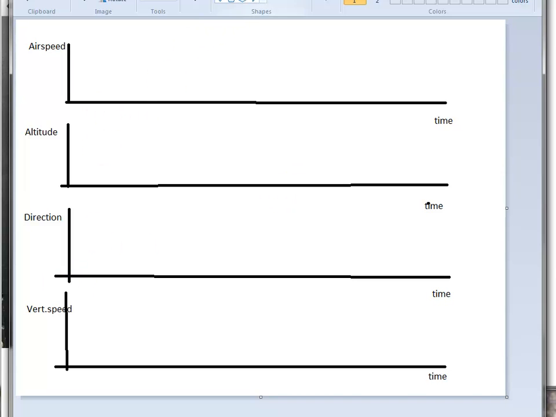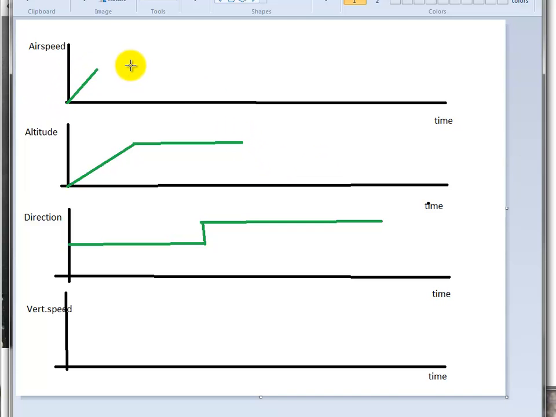And we'll be giving you some sort of basic flight criteria. For example, climbing to a certain altitude, in a given direction, and then you may have to change direction, and maintain a constant airspeed throughout the whole flight.